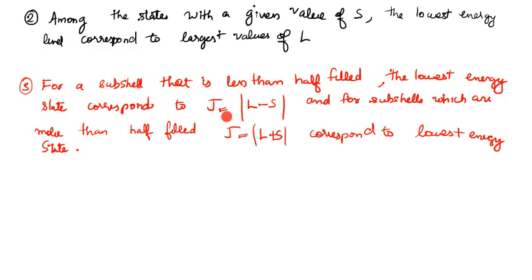Therefore, the J value for a ground state can be determined using this third rule. Here, if the subshell is less than half filled, J equal to L minus S corresponds to the lowest energy, and if the subshell is more than half filled, J equal to L plus S gives the ground state.